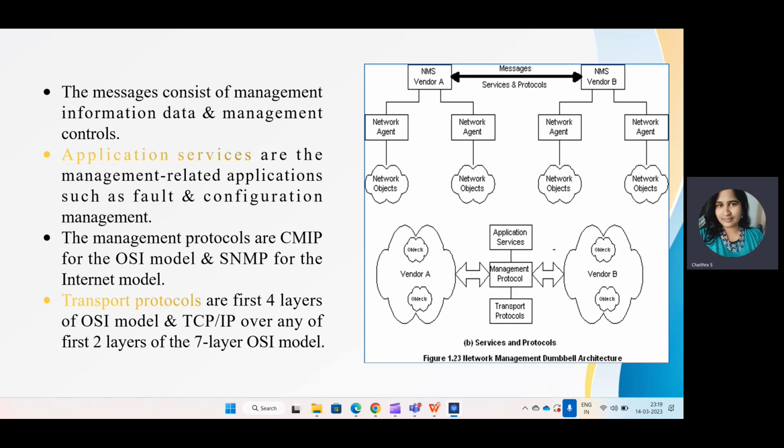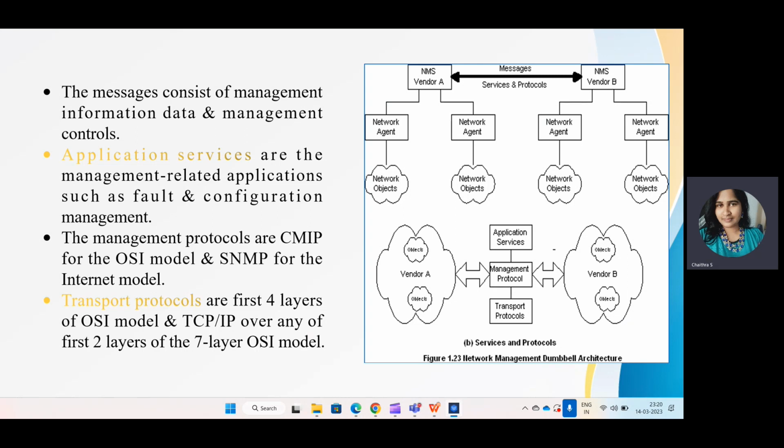For the transport protocols, there are four layers of the OSI model. The first four layers are the physical layer, data link layer, network layer as well as the transportation layer, which can be taken. And apart from this, the first two layers of the OSI model can be taken.